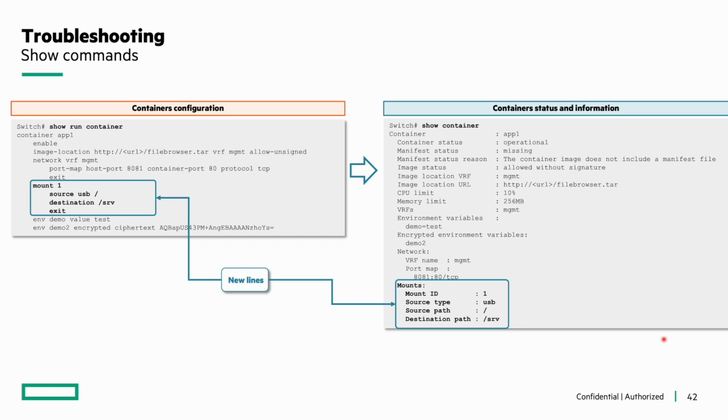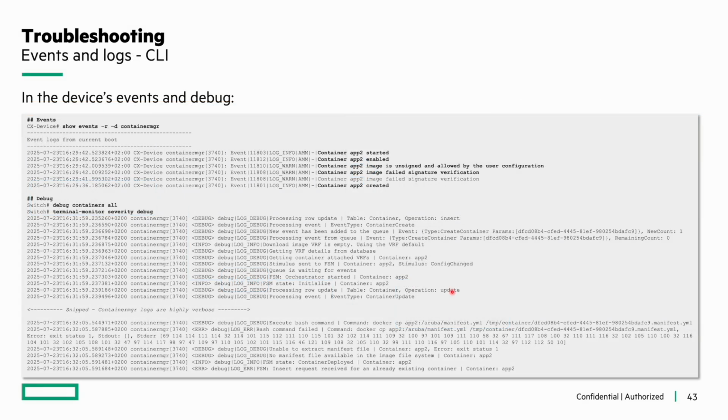Show run container, and we can see here that we have some new lines for the binding mount, and show containers, also with a new set of lines for the persistent storage. For device events and debug, we can still rely on show event, with the ability to filter using container mgr as a daemon, but also debug containers, all or events, and we can use terminal monitor to see in real time the different logs coming from the debug.